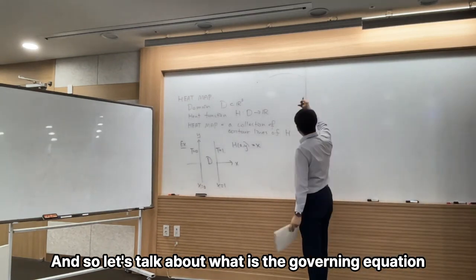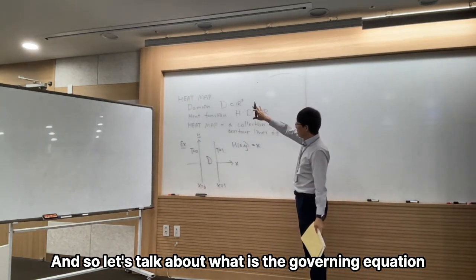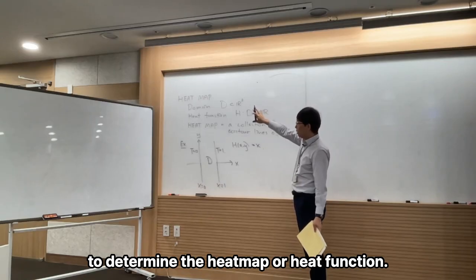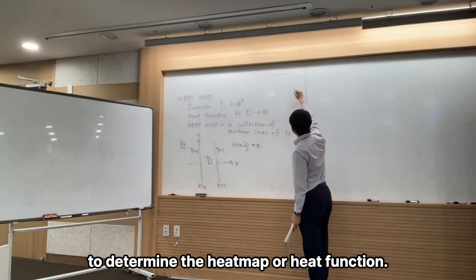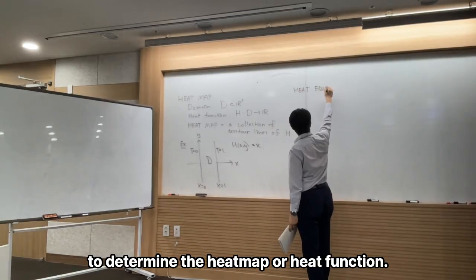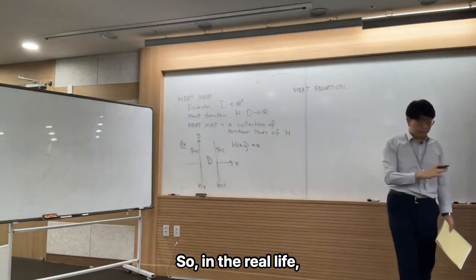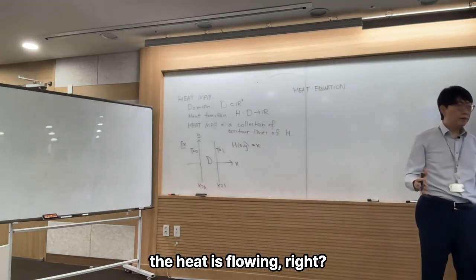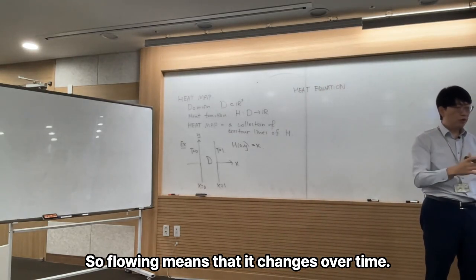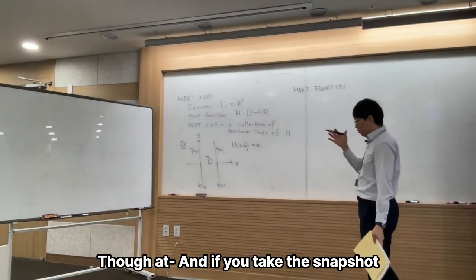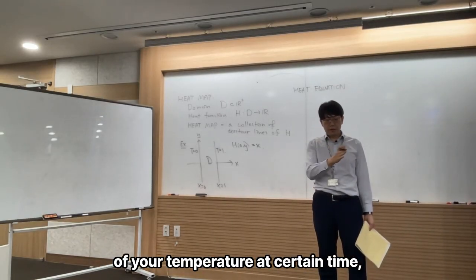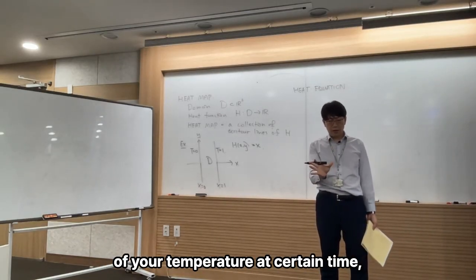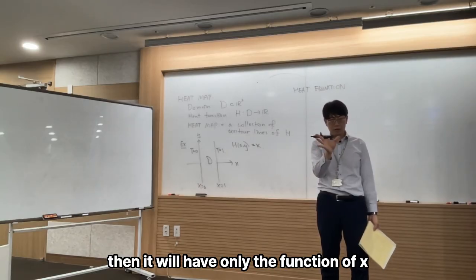And so let's talk about what is the governing equation to determine the heat map or heat function. In real life, the heat is flowing, right? So flowing means that it changes over time. So if you take the snapshot of your temperature at certain time, then it will have only the function of x and y.